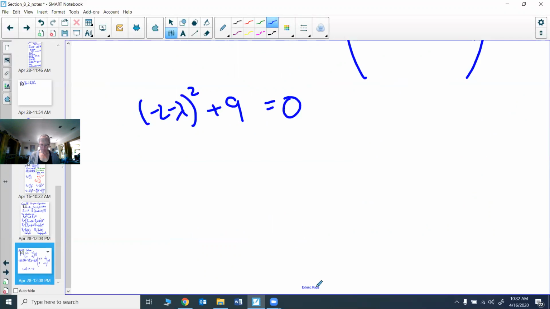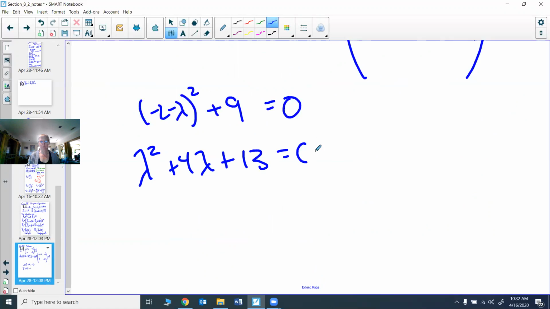And when we multiply all that out, we end up with lambda squared plus 4 lambda plus 13 equals 0. And when I go to solve this, probably using my calculator, I would use the C-solve so you can get complex answers out of it. I end up with lambda equal to -2 plus or minus 3i.